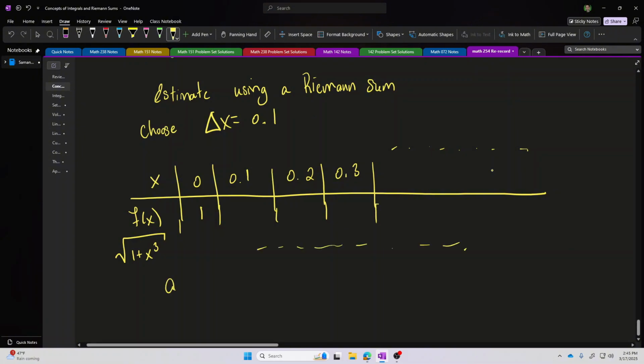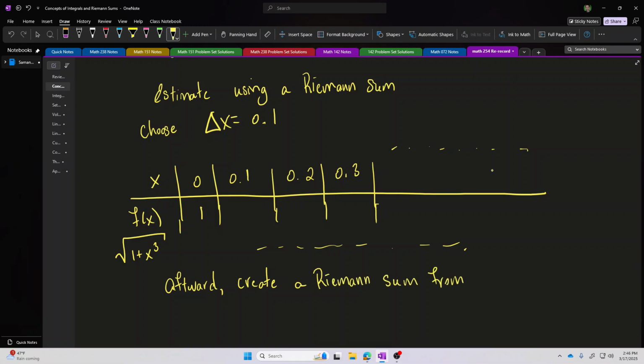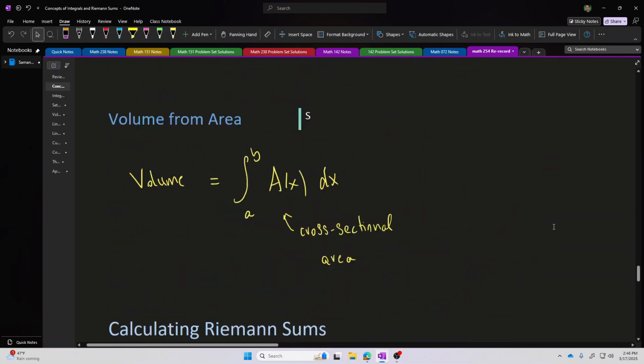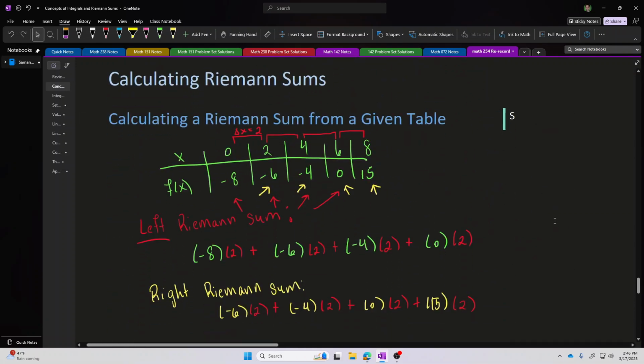After that point, all you have to do is take that table and create either a left or a right Riemann sum from that table, exactly the same way that we did in this example.